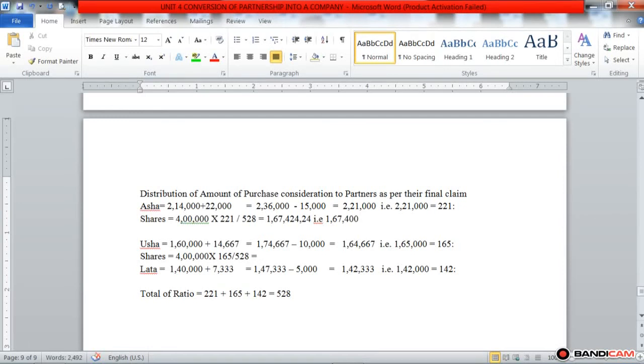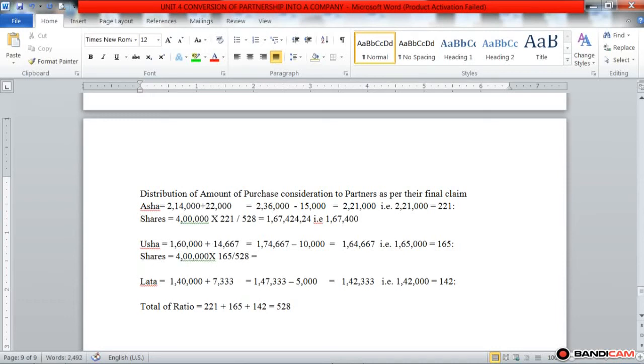So compute the shares received by Usha from the new company. 4 lakh multiplied by 165 divided by 528 amounts to rupees 1,25,000 received by Usha.